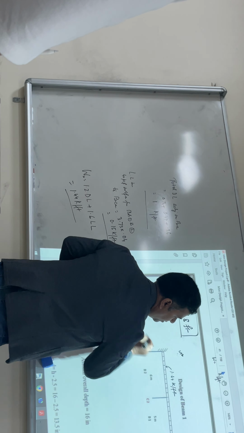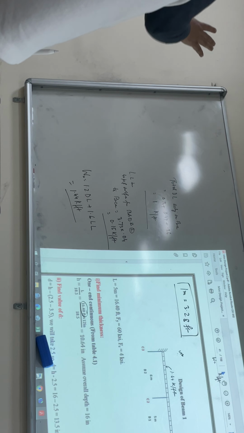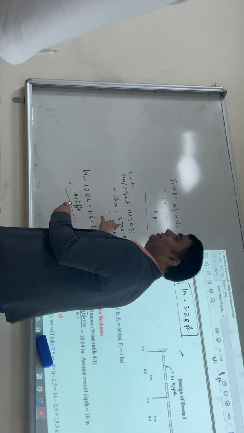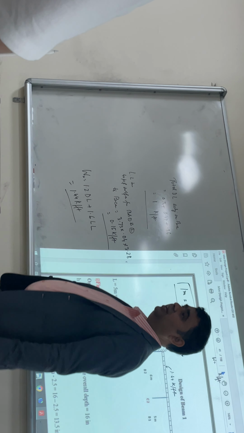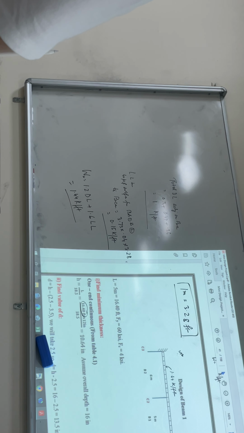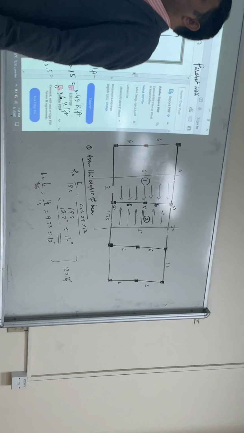Isn't the 3.75 in meters? Oh, sorry. Yes, 3.75 is in meters, so you have to convert into feet, multiplied by 3.28.